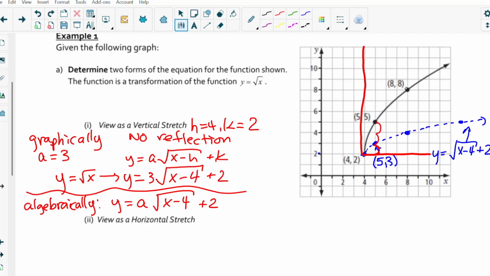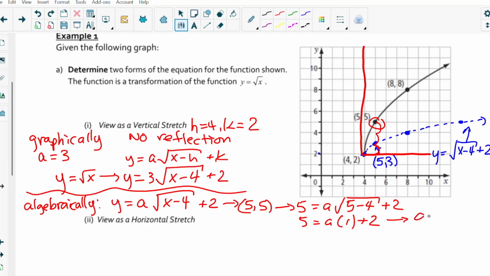Then I'm going to pick a point, let's pick 5, 5. So 5 equals a times square root of 5 minus 4, plus 2. That's 5 equals a times 1 plus 2, and that's how we got our a value of 3.